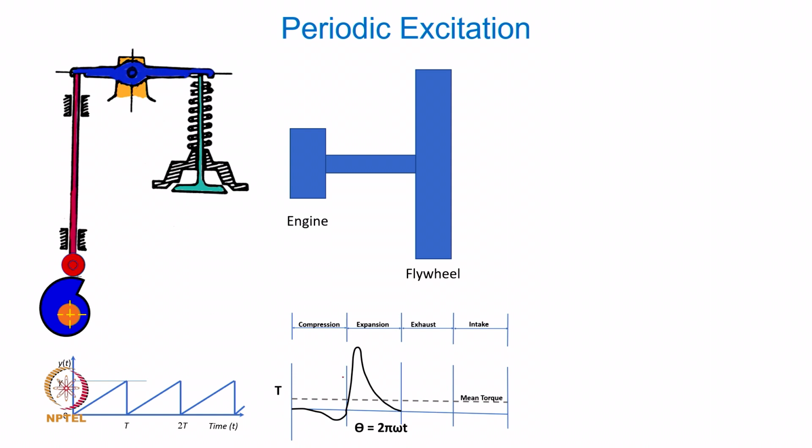During the expansion stroke, there is a huge increase in the torque generated on the crankshaft, and comparatively in the rest of the strokes there is hardly much generation, and it is expected to be so. Now, is this a harmonically varying torque?